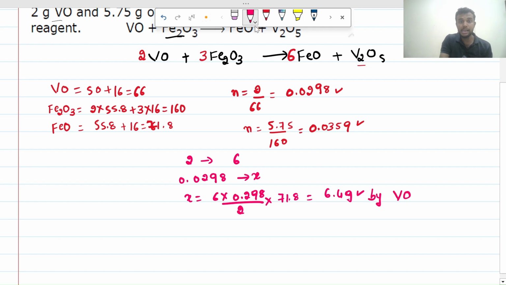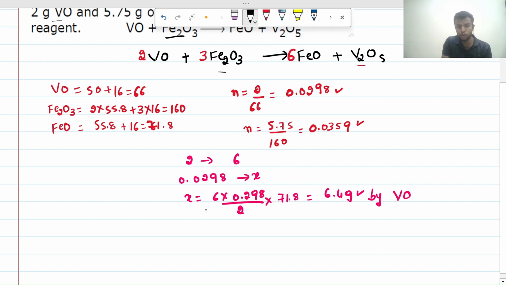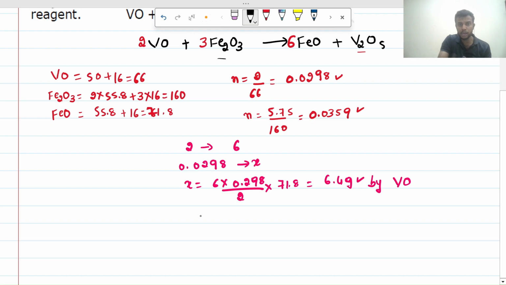Okay. Now let's calculate the same thing by using Fe2O3. According to the stoichiometry, 3 mole is responsible for producing 6 mole. In this case, my dear students, how many moles do we have? We have 0.0359 mole.